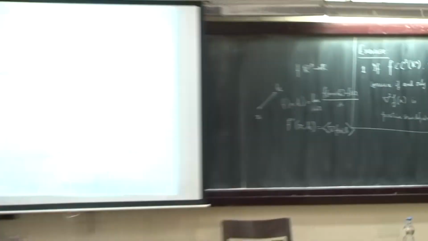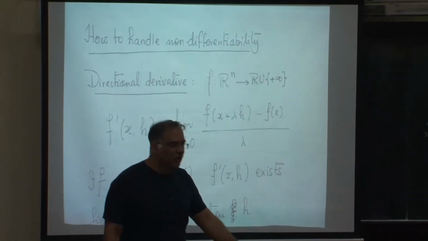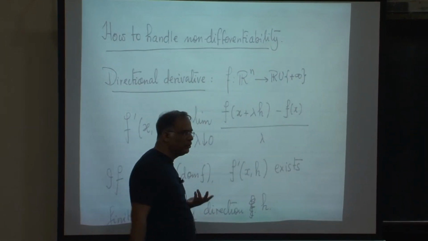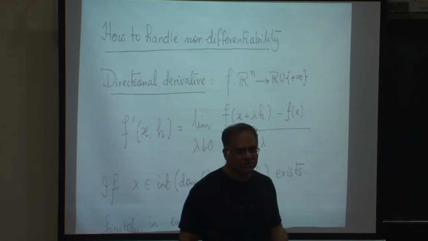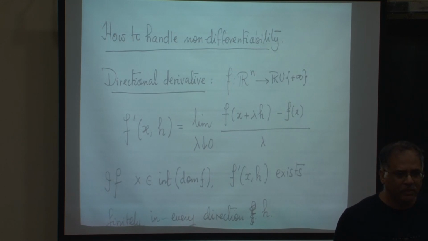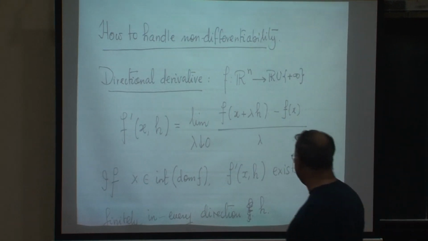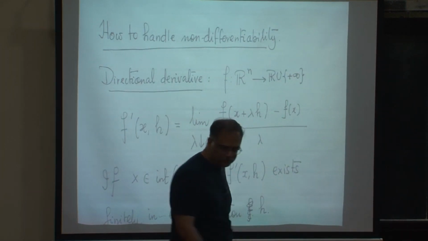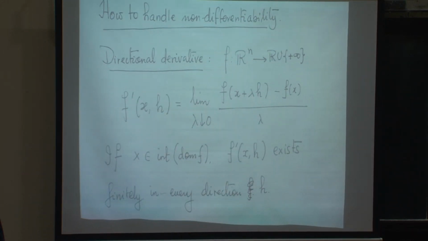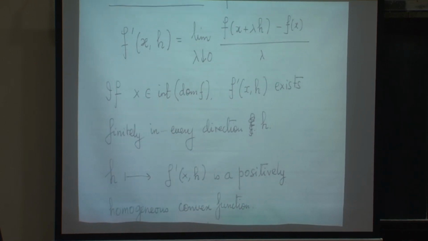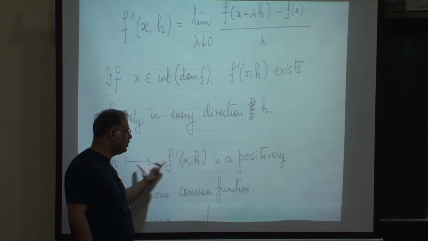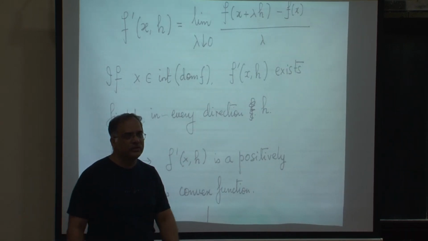So now the question is, when does it exist finitely? Of course, if you take any x in the domain of the function f, it will always exist if you allow the plus infinity value. And the interesting part is that if I fix an x and keep changing my h, as a function of h it is a positively homogeneous convex function.